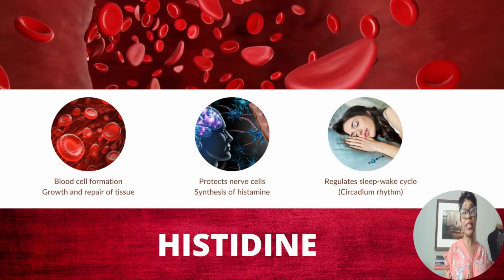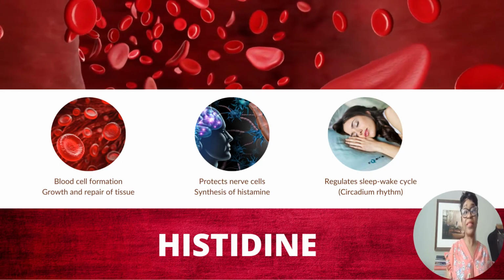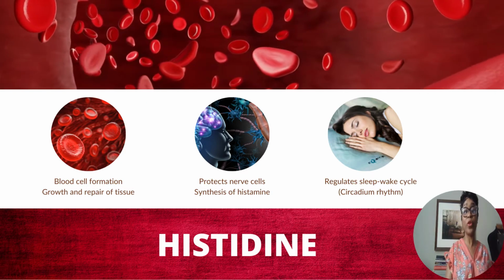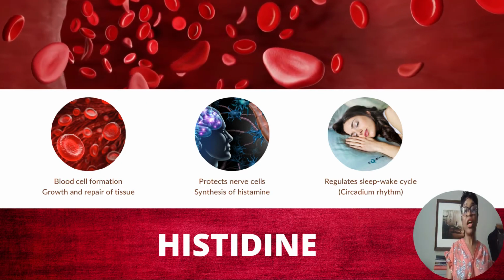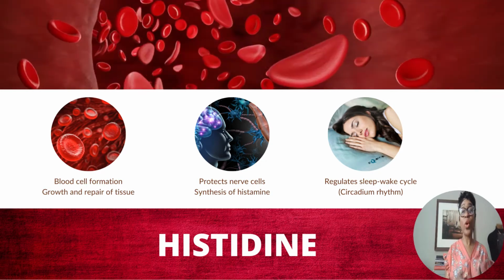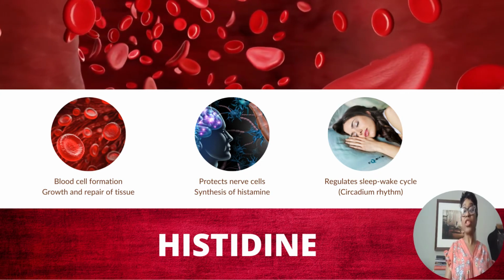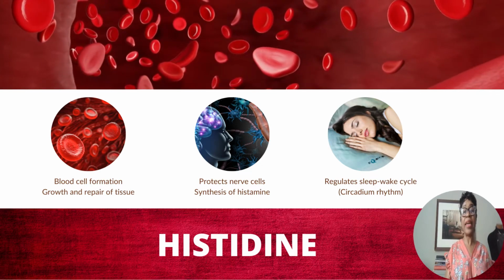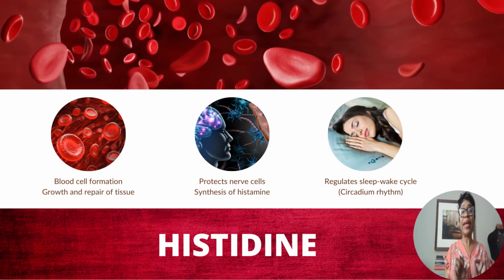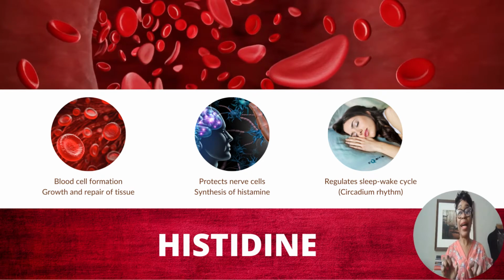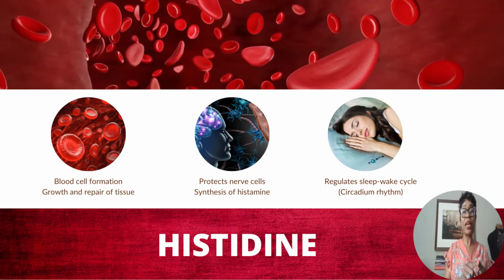Histidine is a unique essential amino acid that assists in blood cell formation, the protection of nerve cells, and the growth and repair of tissue. Now, the main function of histidine is that it maintains myelin, M-Y-E-L-I-N, and that's a protective barrier.